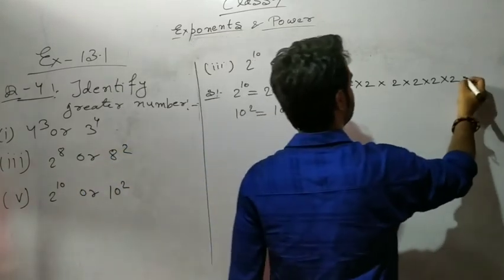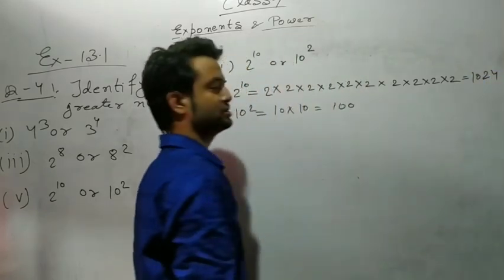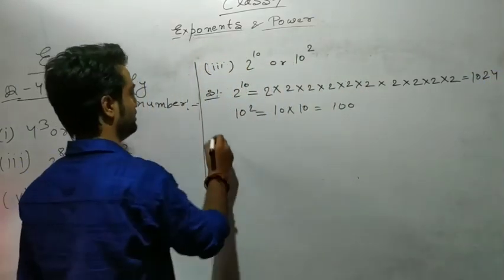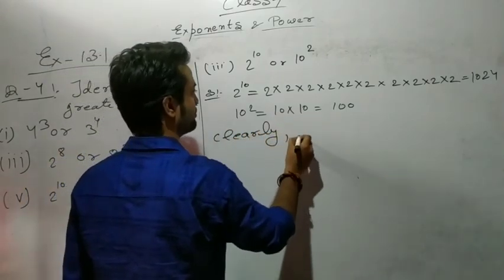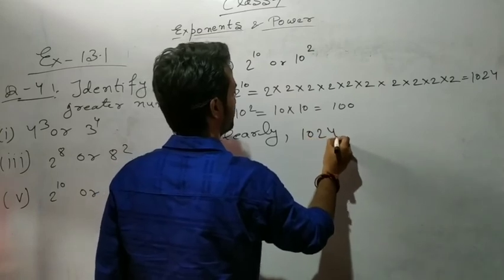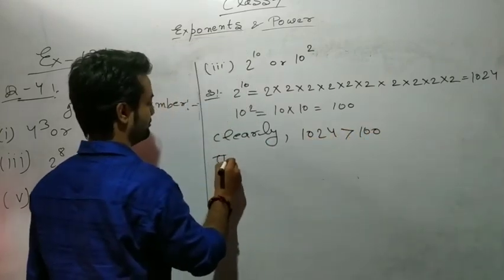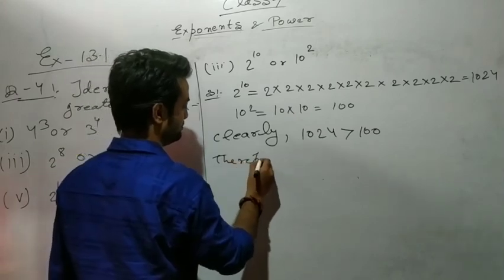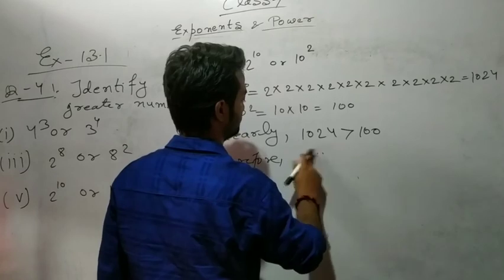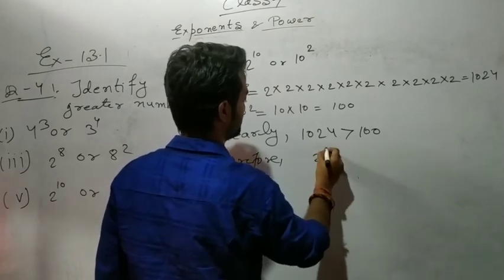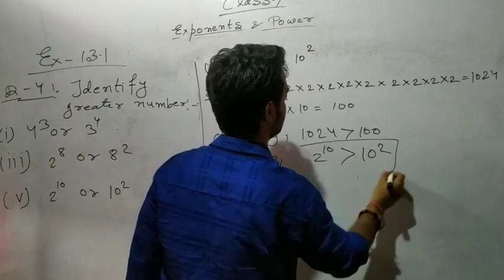And 2 multiplied with itself 10 times gives us 1024. Clearly, 1024 is greater than 100. Therefore, 2 raised to the power 10 is greater than 10 raised to the power 2.